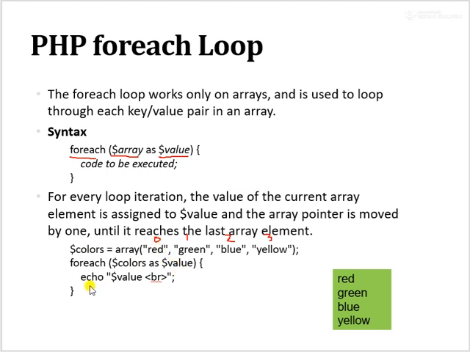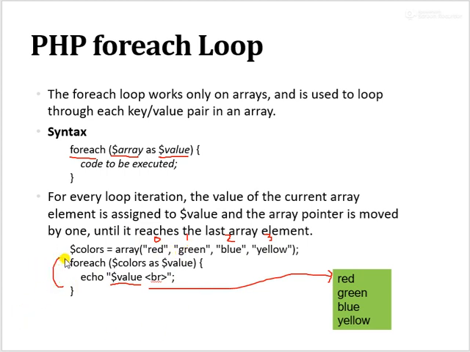So when we write echo and this variable value, and br is just to print a new line, it will first point itself to index 0, the value on index 0 is red, so red will display on screen. We don't need to provide any increment or condition. It will go from the first index until the last index, so it will automatically move after printing 0.